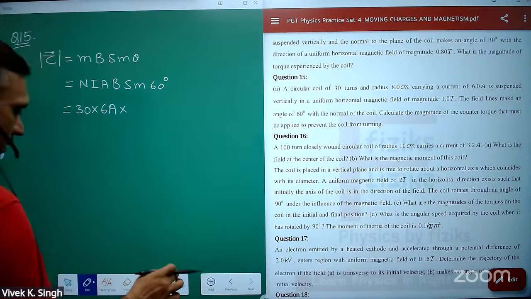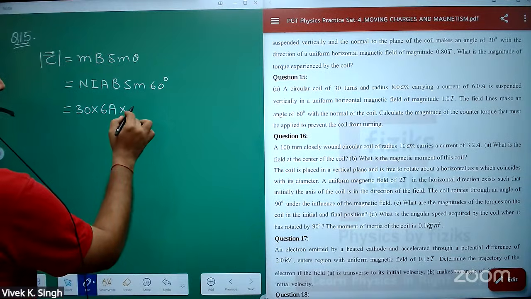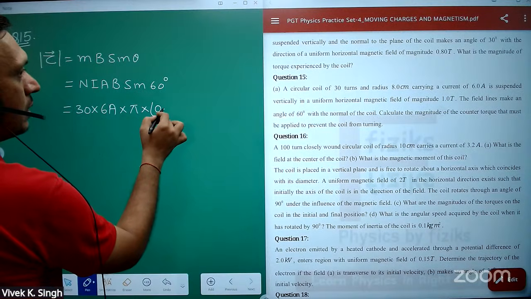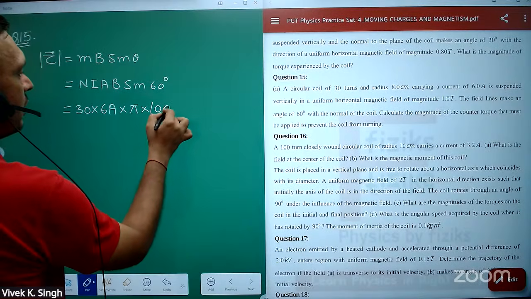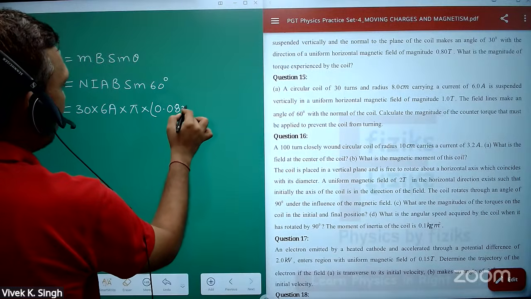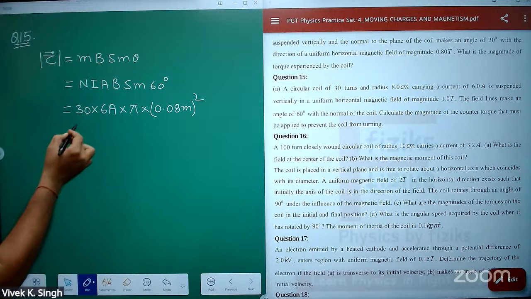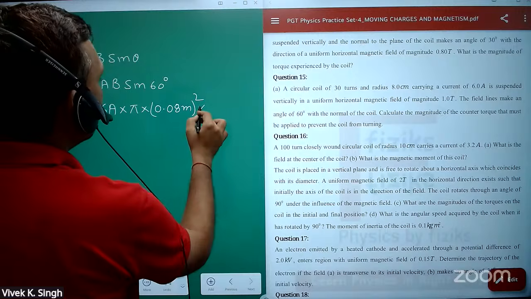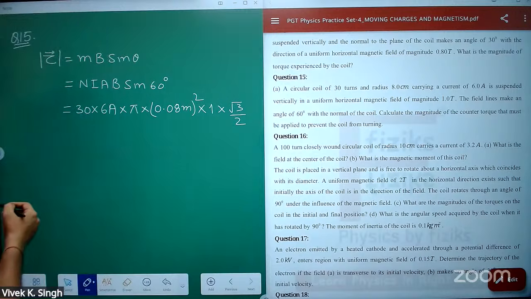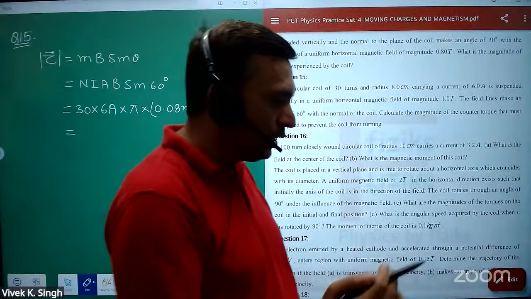Area is pi r square, and radius is 8 centimeter, so this is pi into 0.08 meter whole square. And then B is 1 Tesla, and sine 60 is root 3 by 2. So you have to apply torque of the same magnitude in the opposite direction.